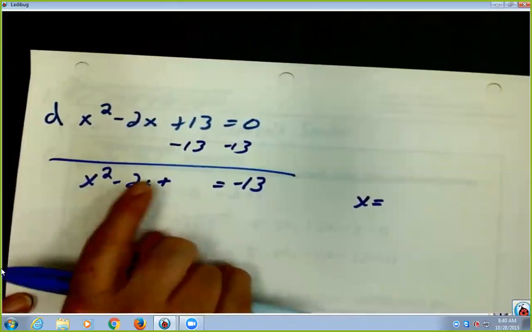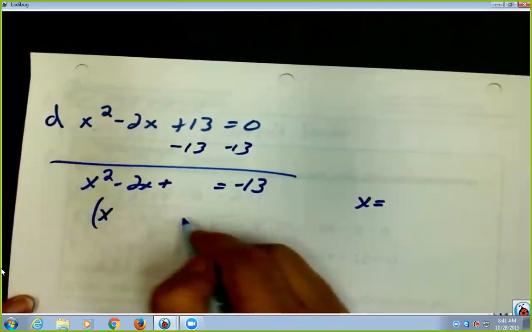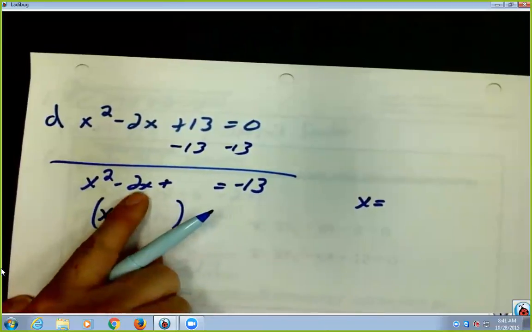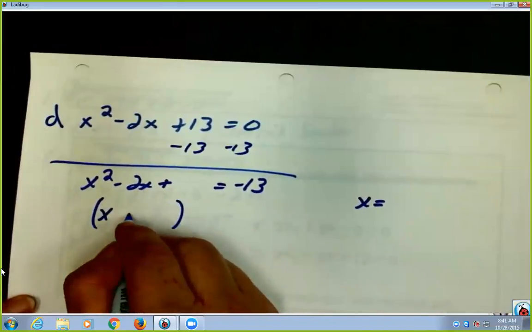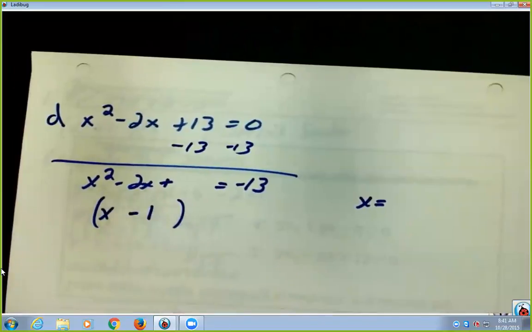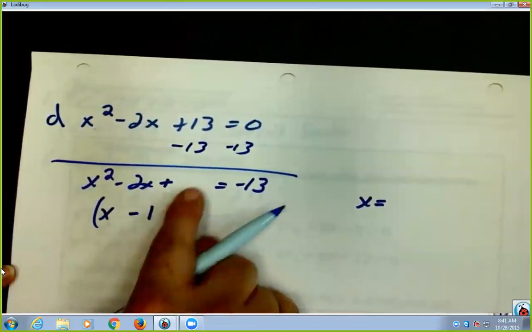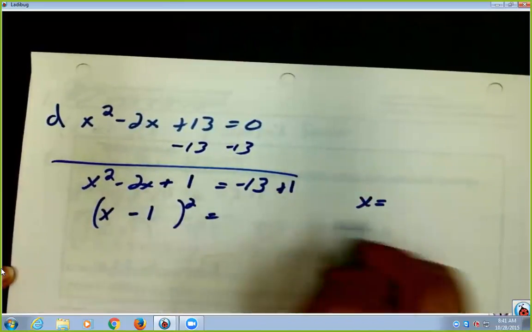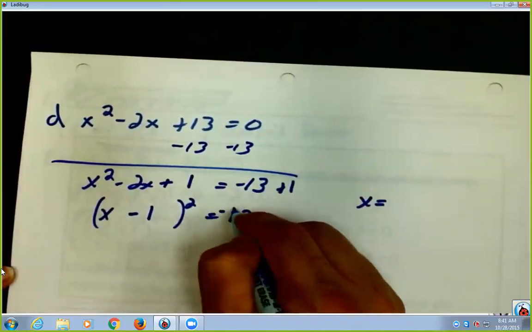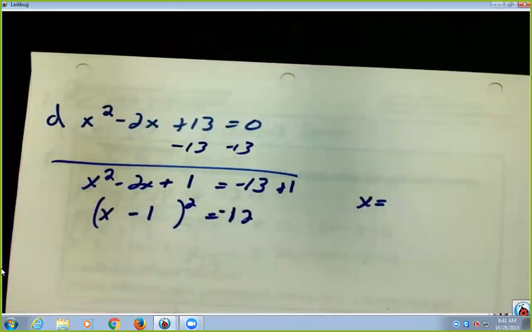If I take half of my middle, I have x, half of a negative 2 is what? Negative 1. Negative 1 squared is 1, and add 1. So you should have a negative 12 on that side.